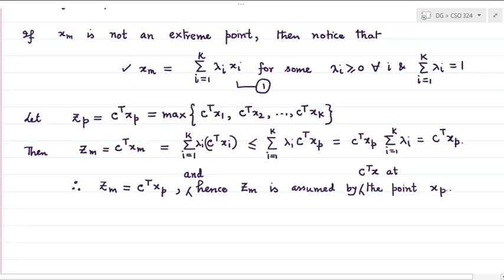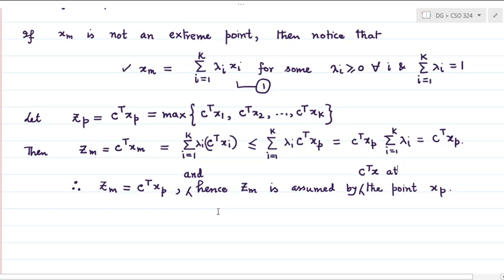Xp is a vertex. And now next we shall prove the following, that a basic feasible solution of an LPP corresponds to an extreme point of the convex set of the feasible solution. Let me see how much time I have. Well, I have spent here 48 minutes.